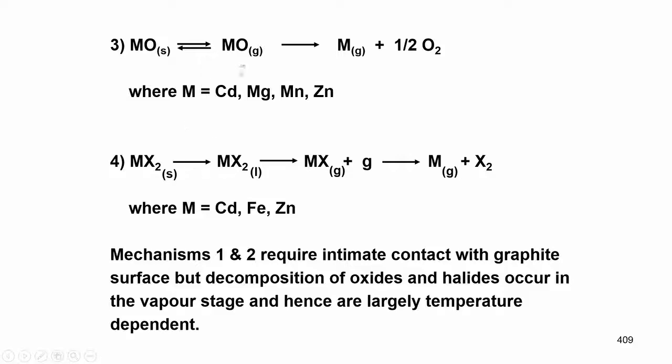The decomposition of oxides and halides occurs in the vapor stage, not in the liquid stage, in mechanisms 3 and 4. So these reactions, number 3 and number 4 above, are largely temperature dependent, because the vapor has to decompose. It has nothing to do with contact with the carbon of the graphite.